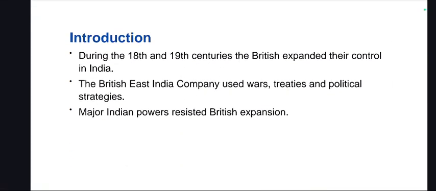During the 18th and 19th century, the British expanded their control in India, and the British East India Company used wars, treaties and political strategies, and major Indian powers resisted British expansion in India.